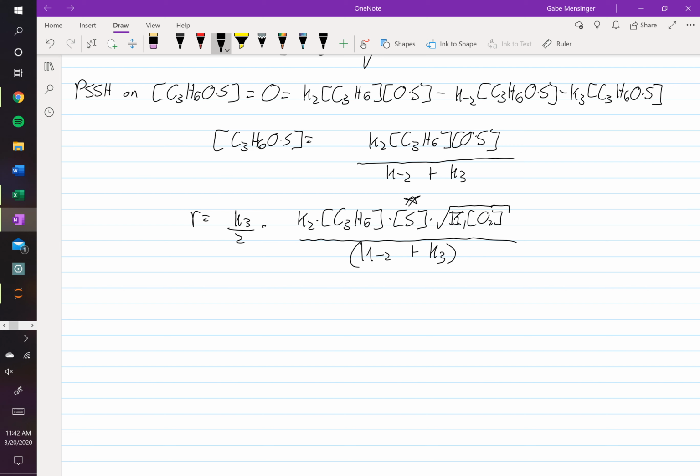So we'll have to do a site balance. We know that our total sites is equal to the number of empty sites plus the number of sites bonded to oxygen plus the number of sites bonded to our acetone.